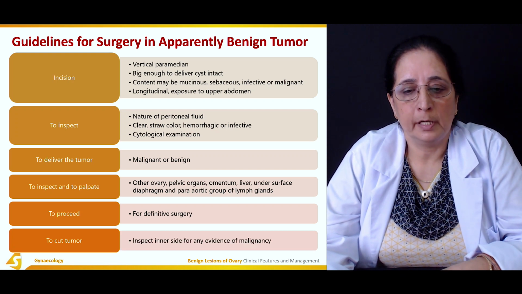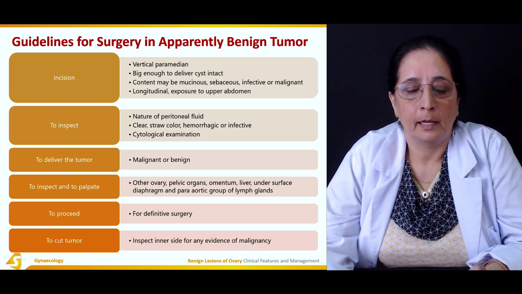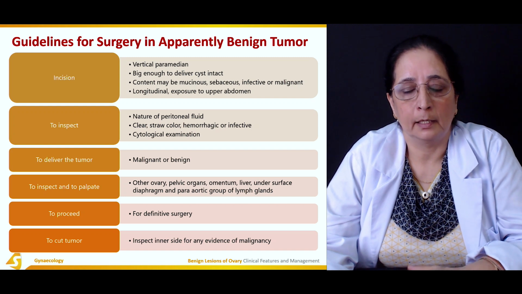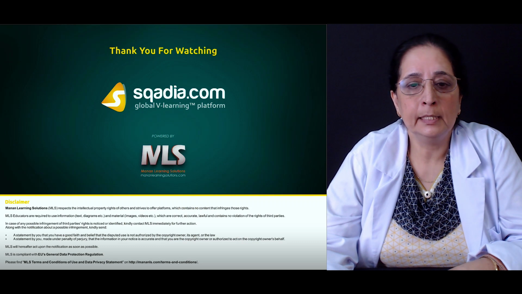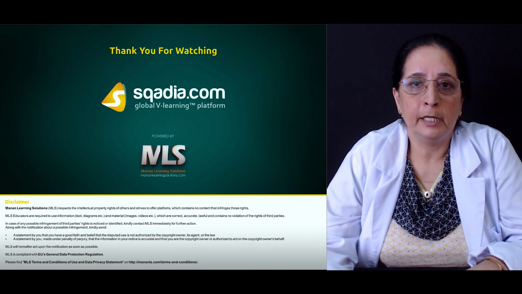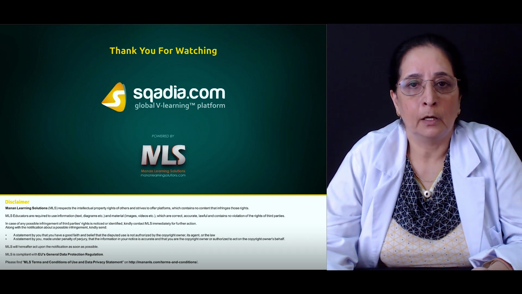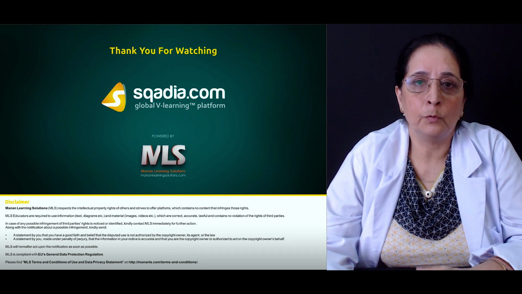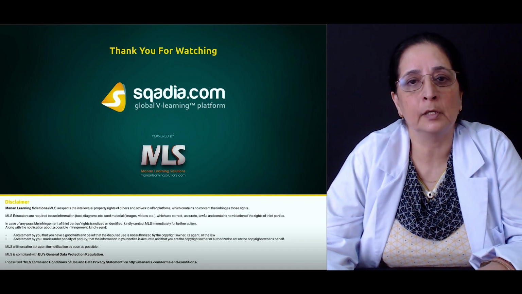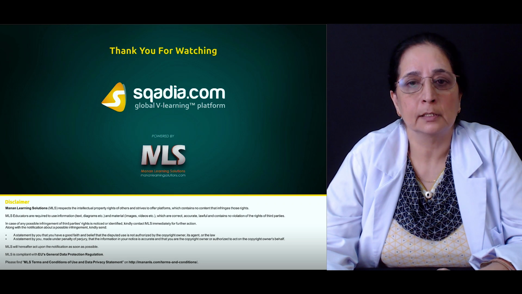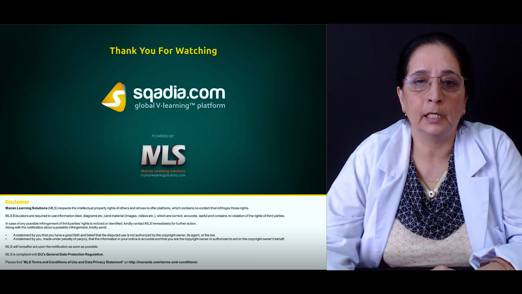And then the tumor is removed after all these measures. So that was all about the management of the benign ovarian tumors, how the surgery is performed, and the different prerequisites for the surgical procedure. Thank you for watching sqadia.com.